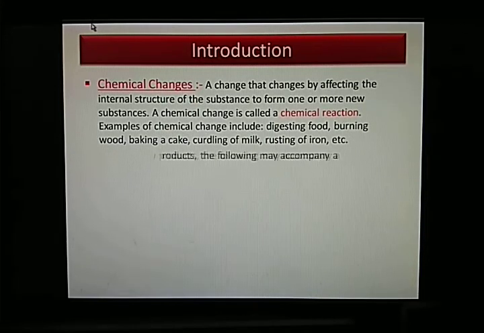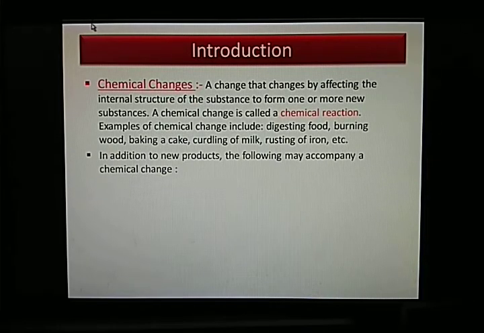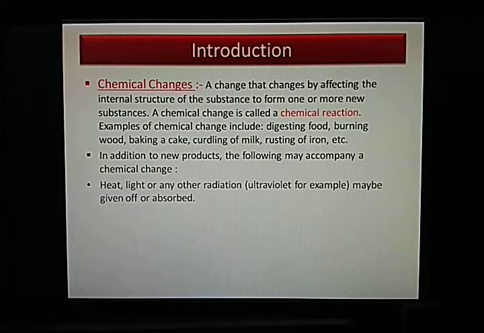Now moving on to the next point. In addition to new products, not only are new substances formed, some other things may also occur in a chemical change. Let us see what those are. First is heat, light, or any other radiation, say for example ultraviolet, may be given off or absorbed. Yes, we already know that in a chemical reaction some heat is evolved.